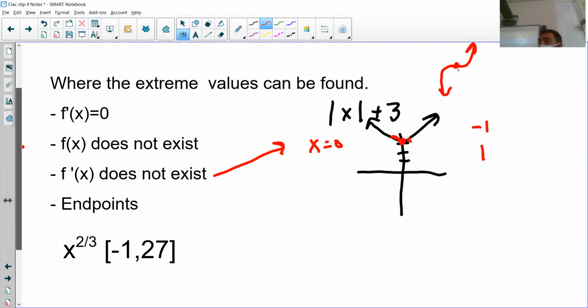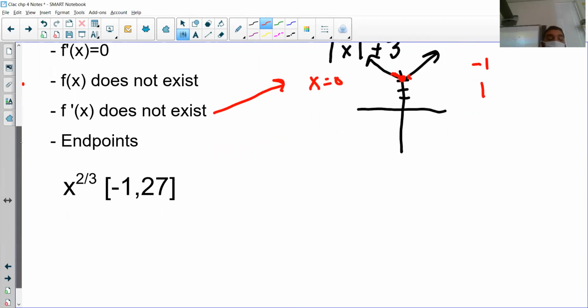At 0, the slope is 0. But notice, f prime of x at 0 would be 0. But it is not a max nor a min, because right of it, it goes up, and left of it goes down. So sometimes you can have values like that. And that, an example, is an inflection point.